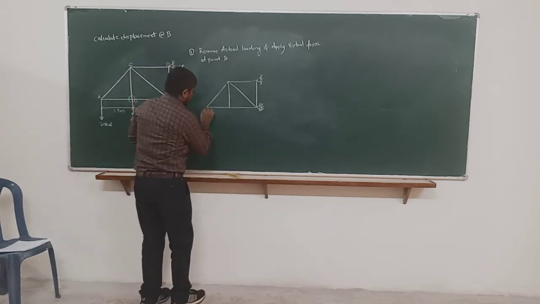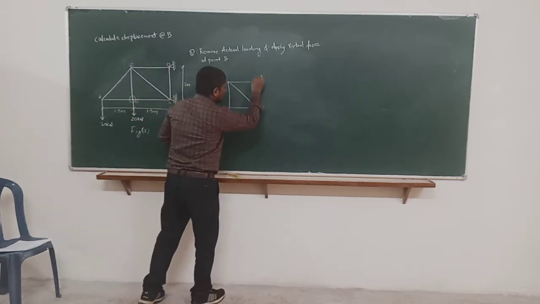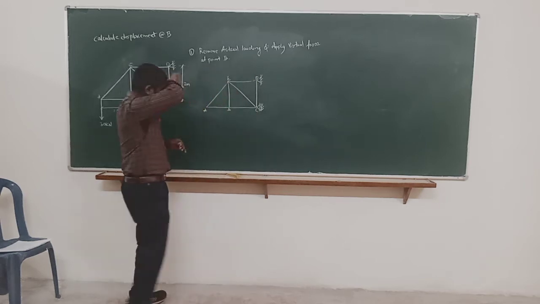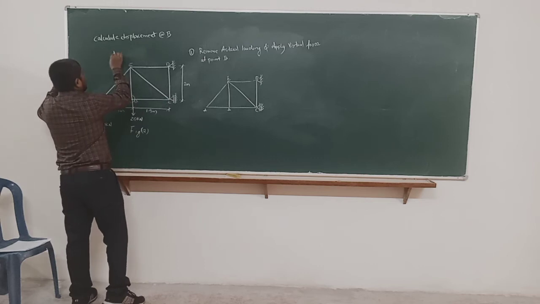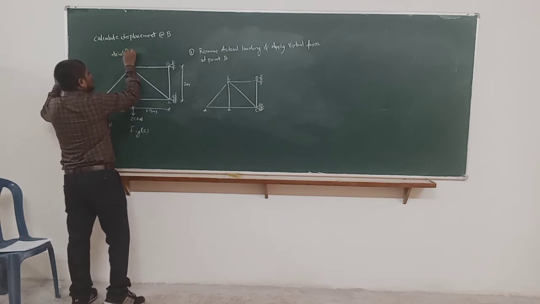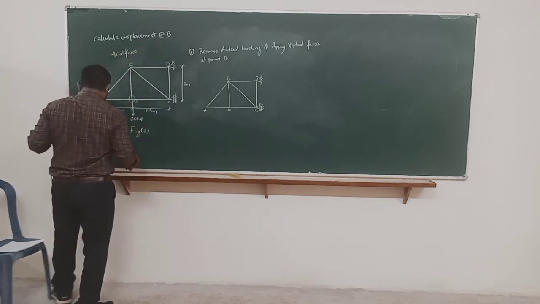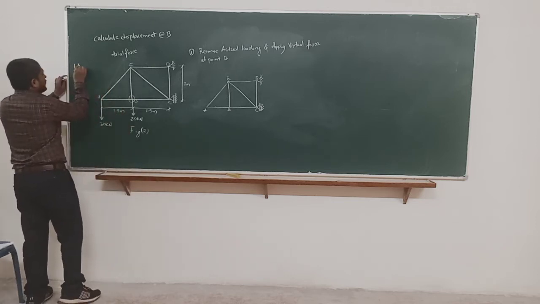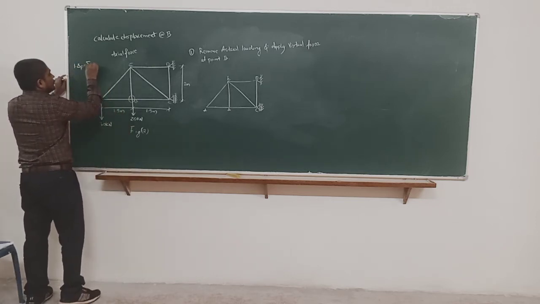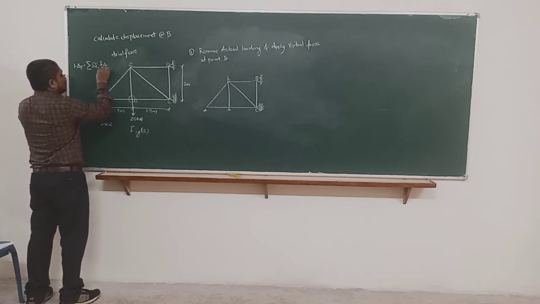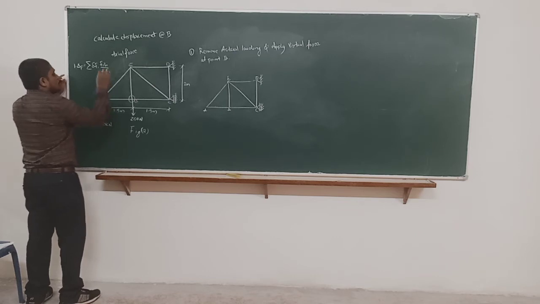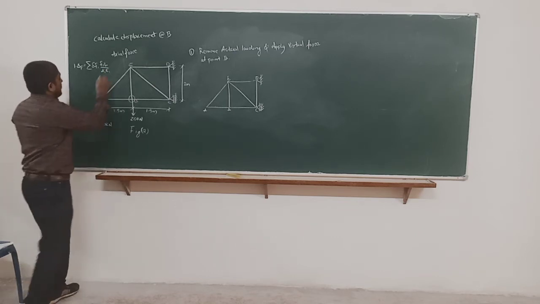Now in this truss A, B, C, D, E, we calculate axial forces. I will write the previous equation again: 1 into delta f is equal to summation of del fi into fi li upon ai. We have already derived this equation before.